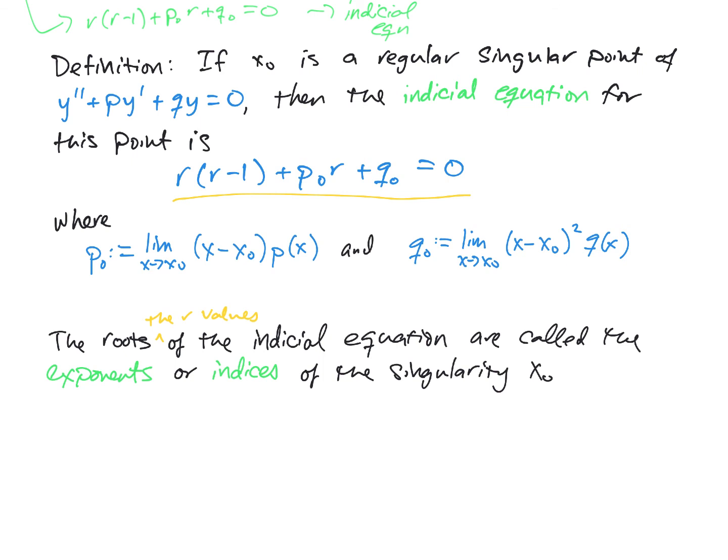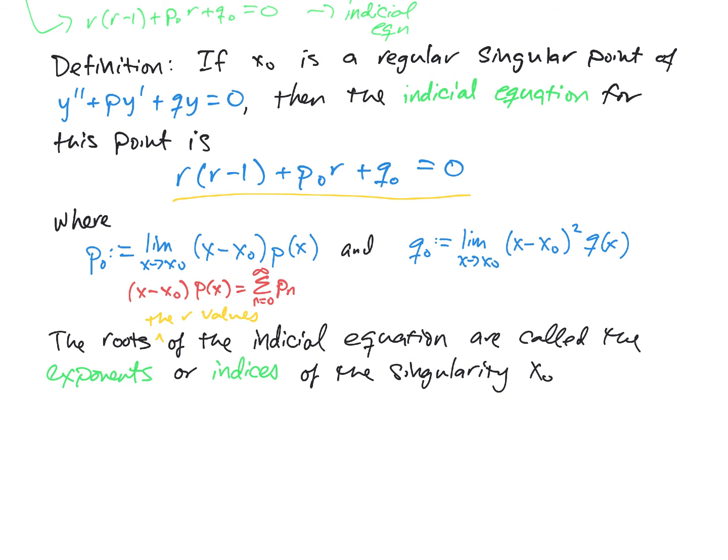Well, that comes from the power series representation of p and q. Because x naught is a regular singular point, we have that (x minus x naught) times p of x is analytic, and so that equals this power series, sum of p_n x to the n. Sorry, I wrote this wrong.